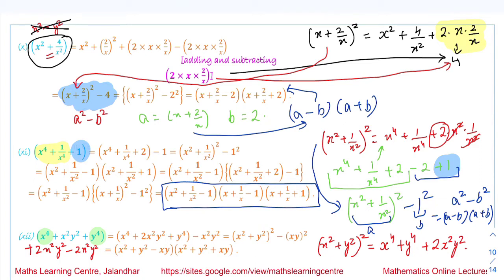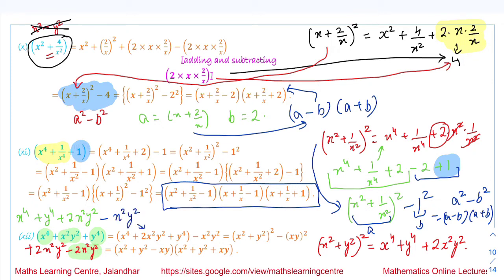When you add this term to this, how is grouping done? It is x raised to the power 4 plus y raised to the power 4 plus 2 times x square y square, and these two terms get adjusted, and what we are left with is minus of x square y square.